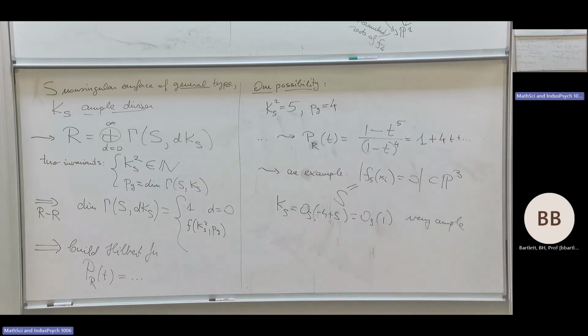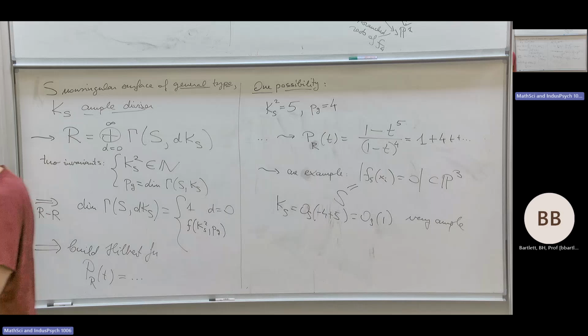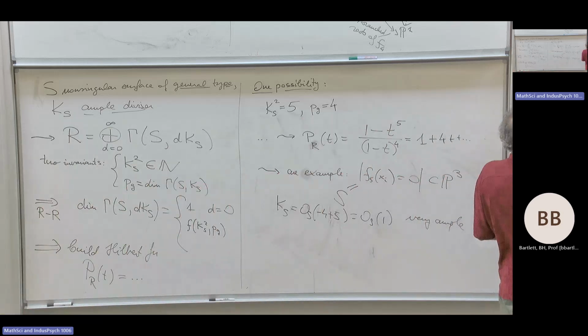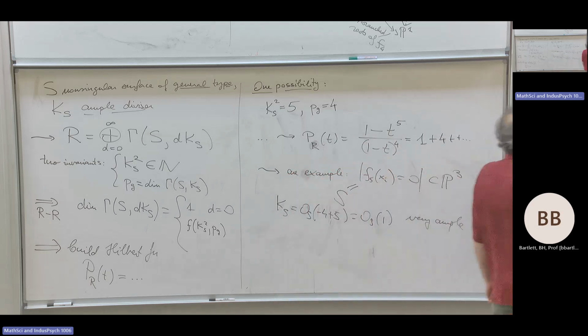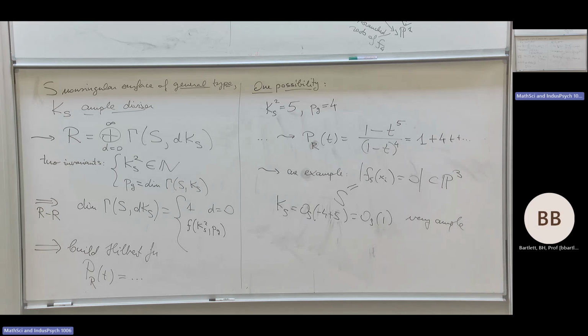But there's another example which is just a little different. Another example is the following. I take Ks squared equals 1, Pg is 2.